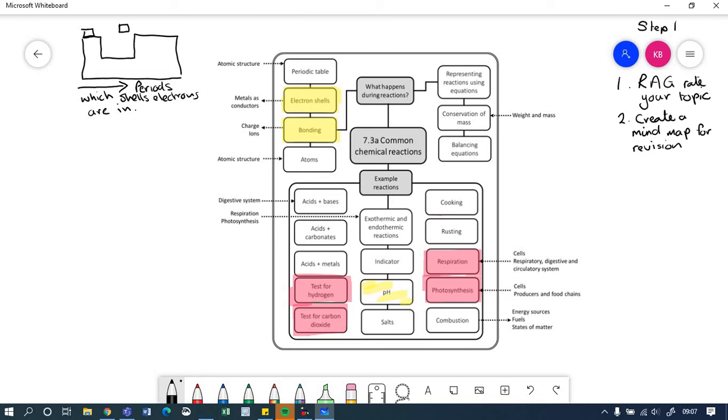And then we've got down the table are called groups, and these groups are elements with the same number of electrons in the outside shell.